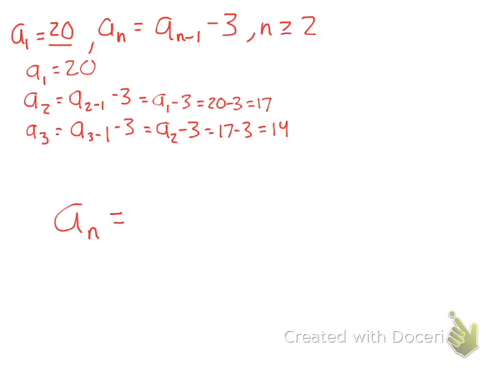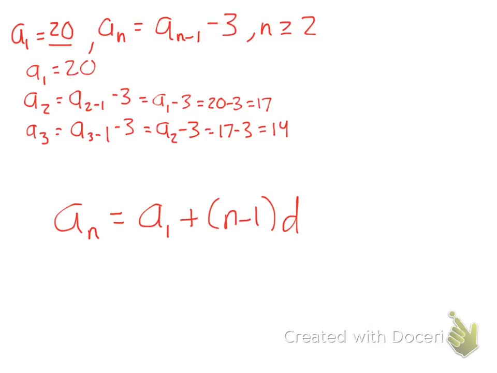A sub n equals A sub 1 plus n minus 1 times d. What two things did I need? A1 and d. What's A1? 20. What's d?